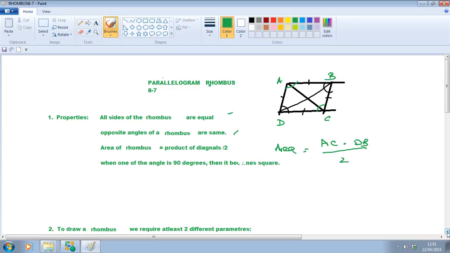A rhombus is a parallelogram where opposite sides are parallel, and for a rhombus all four sides are of equal length. The next point is that opposite angles of a rhombus are the same.